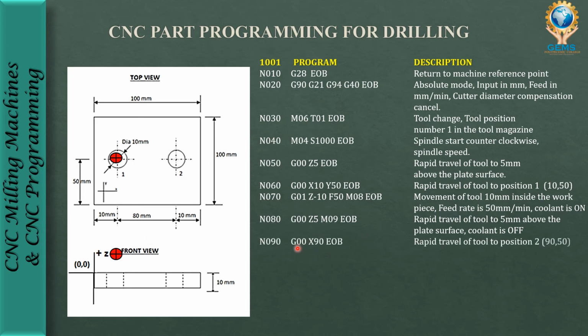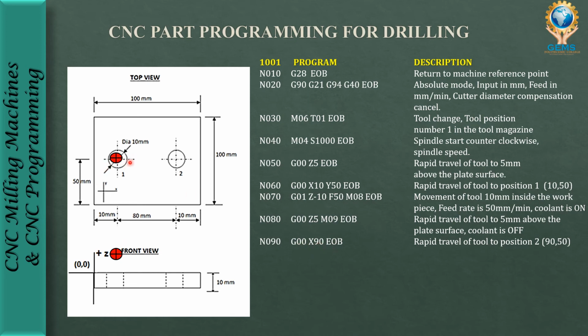Now I'm informing the machine to rapidly move to X90. So my second position is X90. But what about my Y and Z position? The Y and Z position will be the same as previous. Z position is 5 and Y position is 50 from the reference value. So both are the same, and now I need to move only the X position. So I inform the system to move to X position 90.